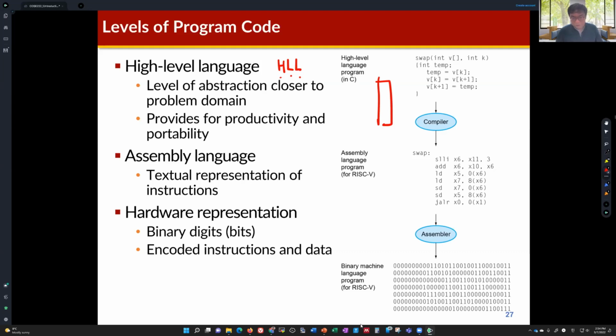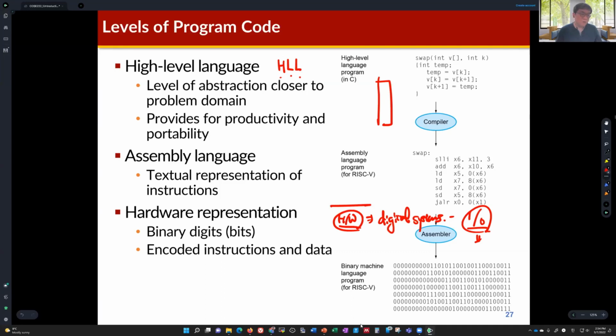So actually, the computer hardware is a digital system, and these systems can just understand digital signals like 1 or 0.